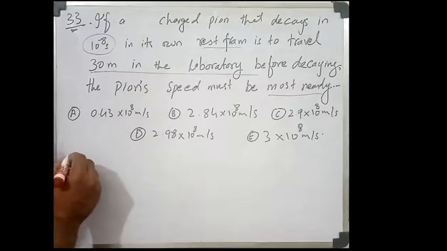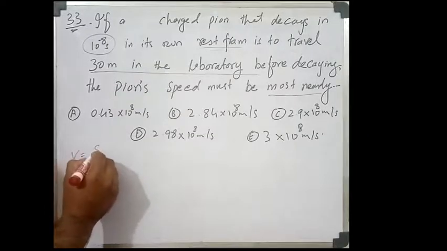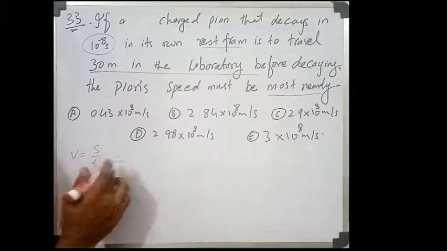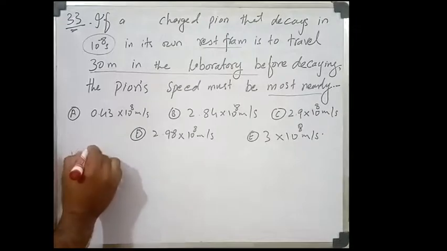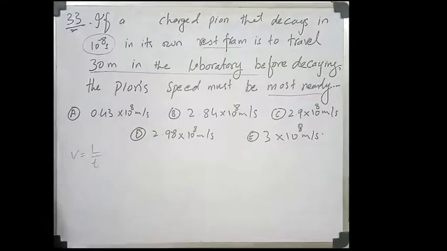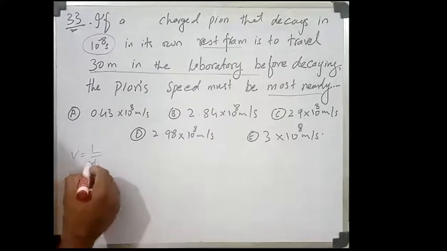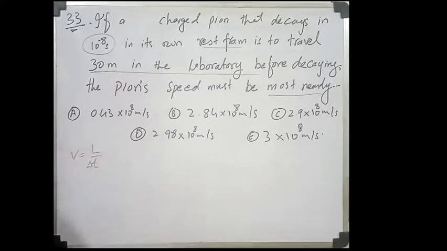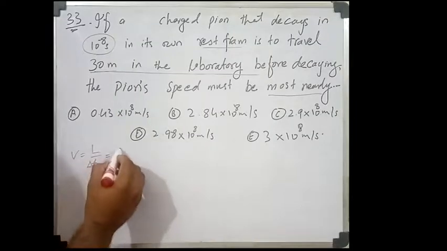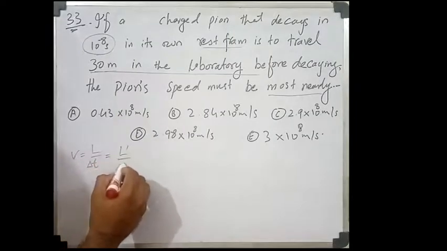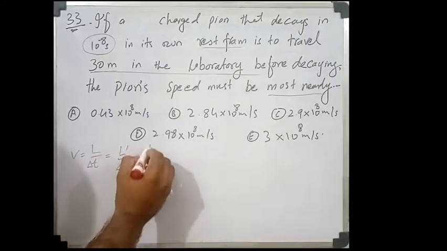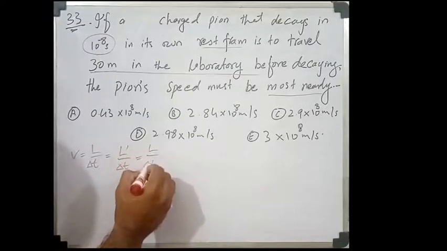The formula for speed is v equal to S over T. Here S is a length, a distance, which we denote by L, and T is the time taken to cover this distance. Here the process is in the laboratory frame, so it must be equal to L prime divided by delta T, or L divided by delta T prime.